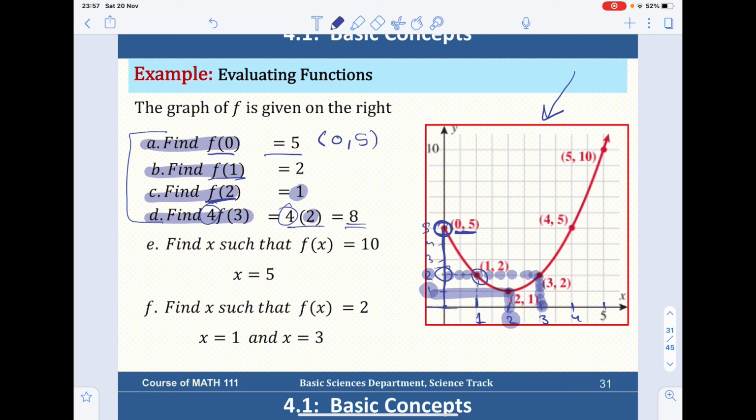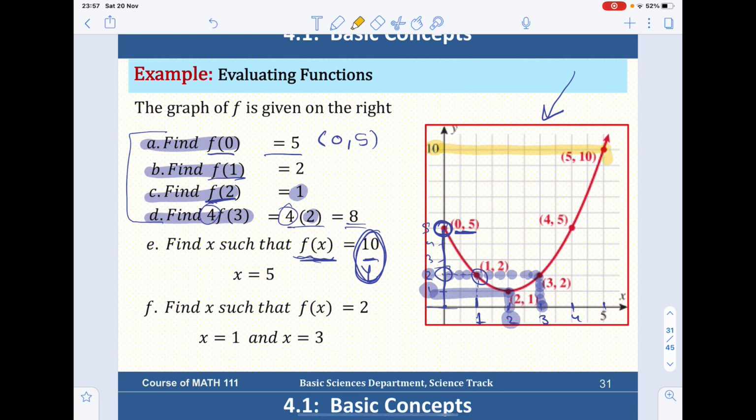Now, what about if we don't know the value of x, but we already know that the value of f of x is 10. So this has to be on the y-axis, or the value of y. So in this case, I will go to the point 10 on the y-axis, and then I will go horizontally until I hit the graph.